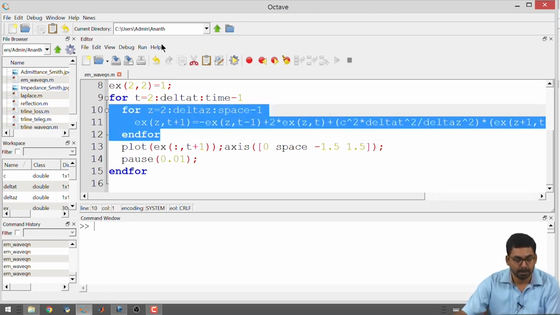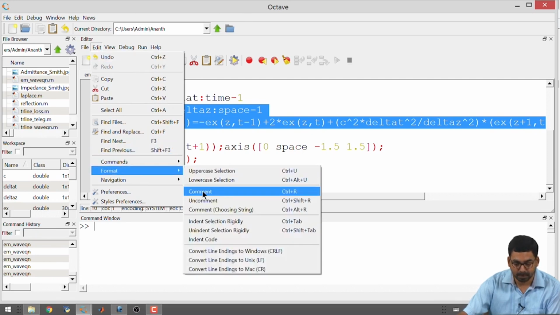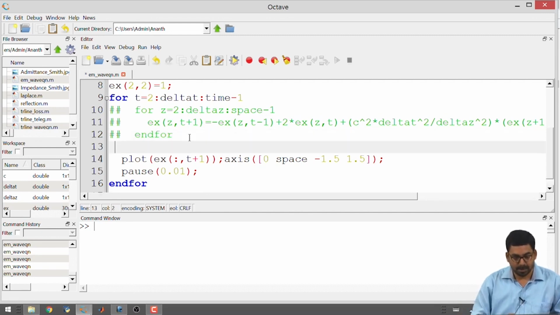So first step, what I will do is comment this portion. And I am going to write this for loop in one line of code.